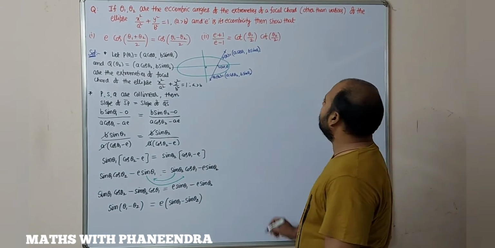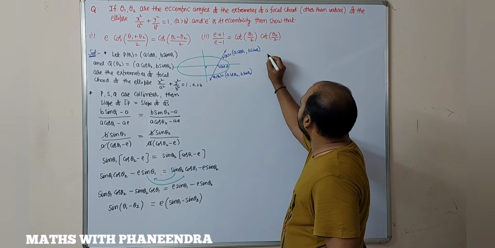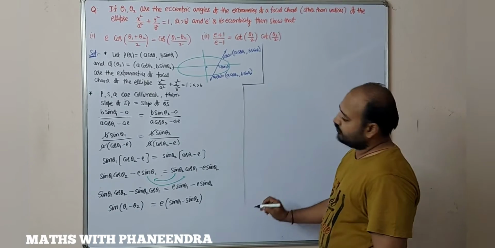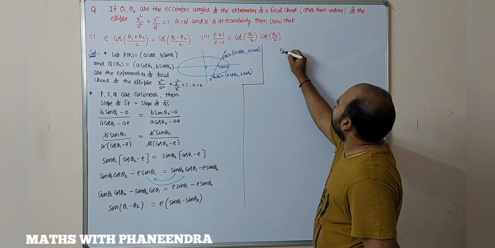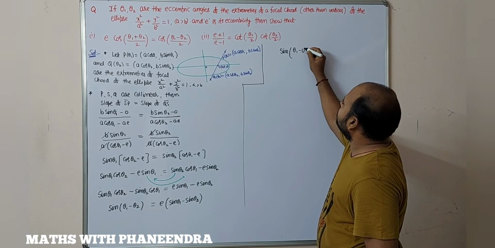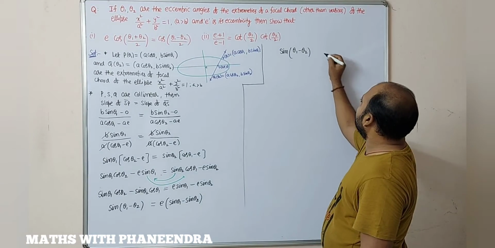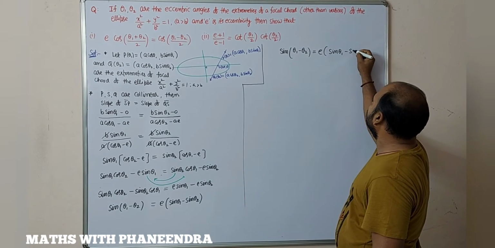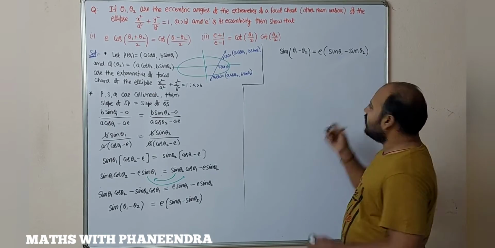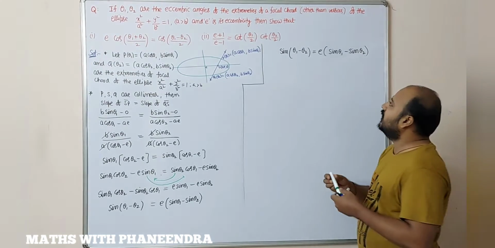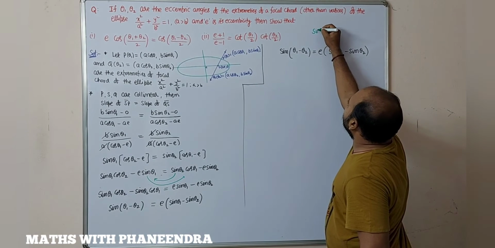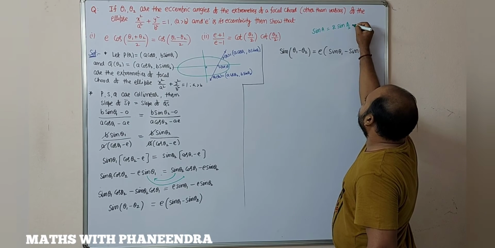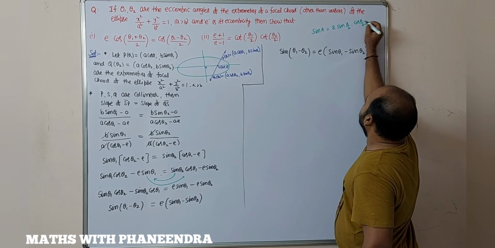After reaching this step, sin of (theta 1 minus theta 2) is equal to E times of (sin theta 1 minus sin theta 2). We know the formula in trigonometry, in a half angle formula. Sin A can be written as 2 sin A by 2 into cos A by 2.